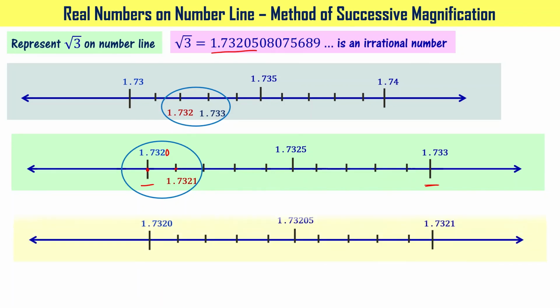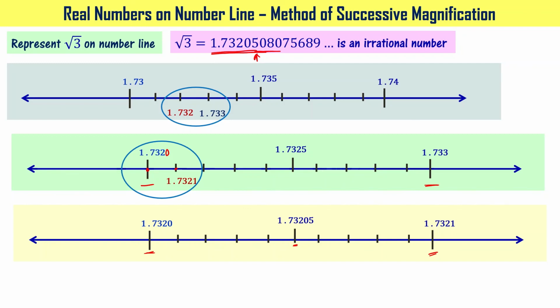When you magnify it, you get a number line like this. 1.7320 is the starting point, and it is up to 1.7321, right? You look at this, 1.7320. For example, if only up to this particular part is there, then we have directly representation available on this number line. But it is not stopping here, right?